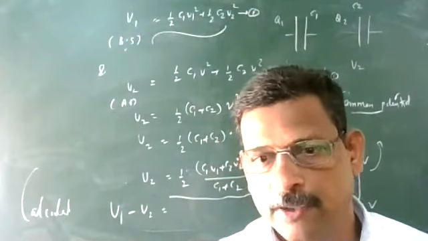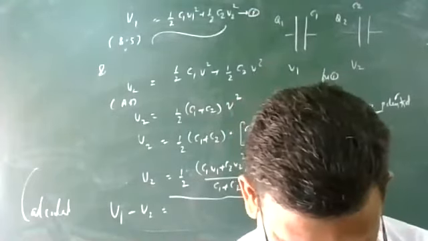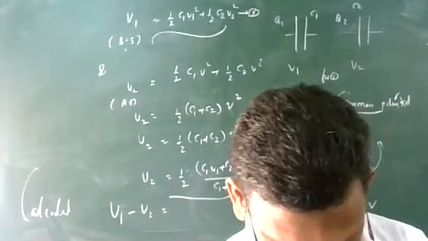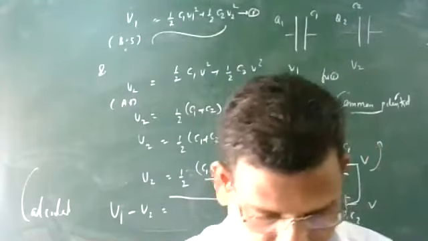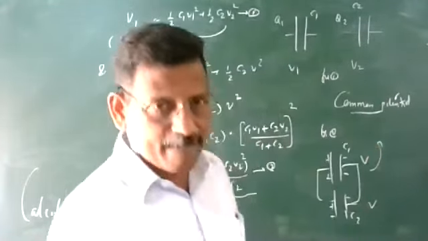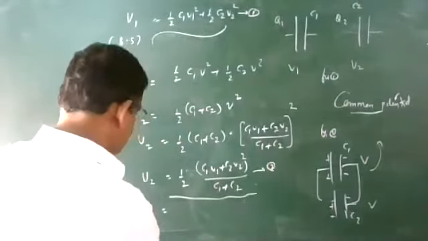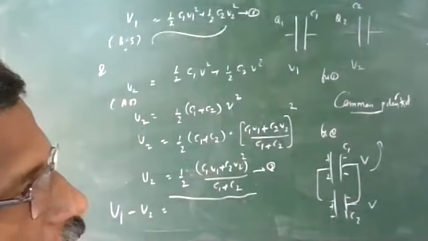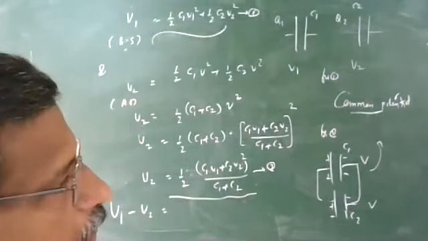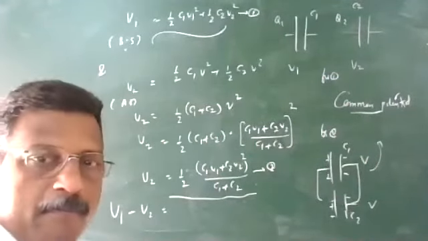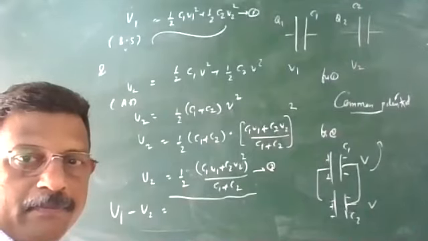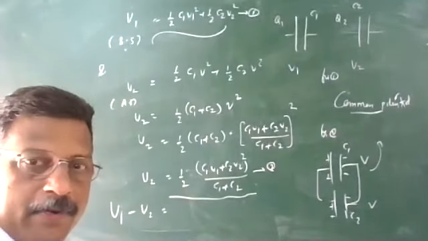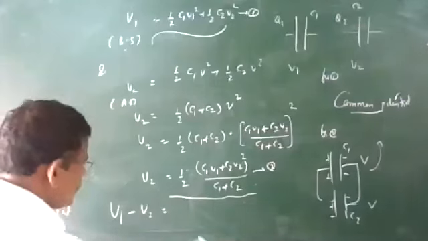Yes, can anyone? What is the equation? Can anyone give? C1 into V1 minus V2 whole square upon 2 into C1 plus C2. Once more. C1 C2 into V1 minus V2 whole square upon 2 into C1 plus C2. Yes, this is the equation of the difference.